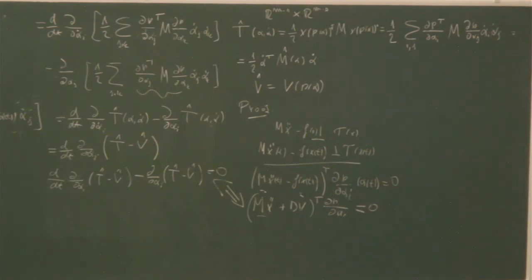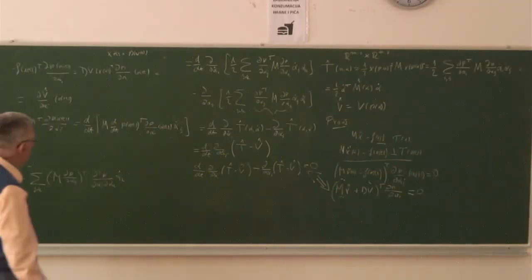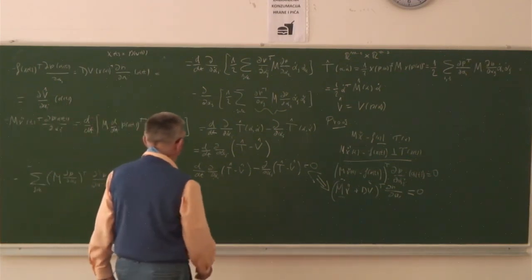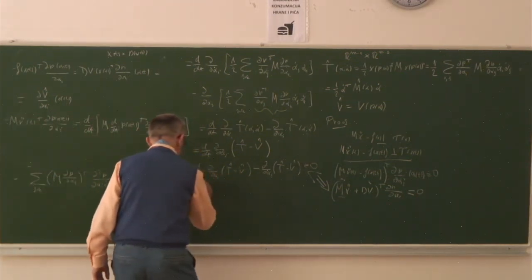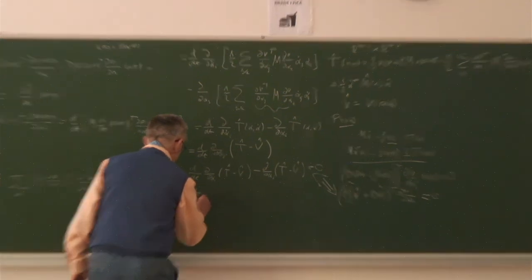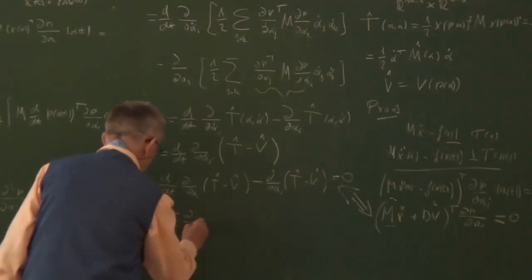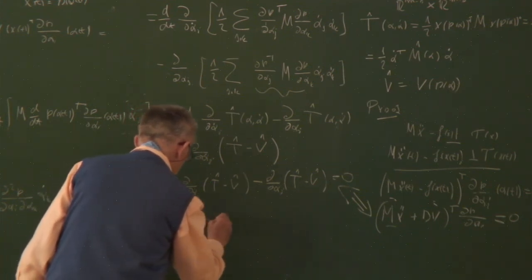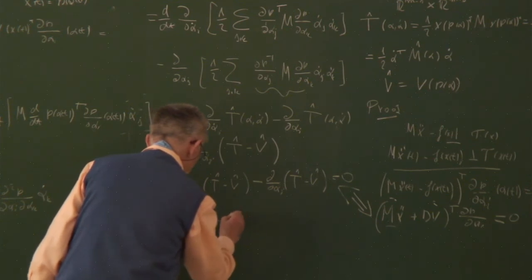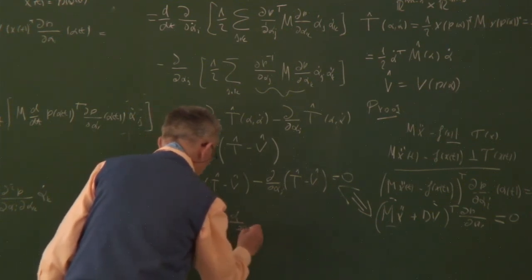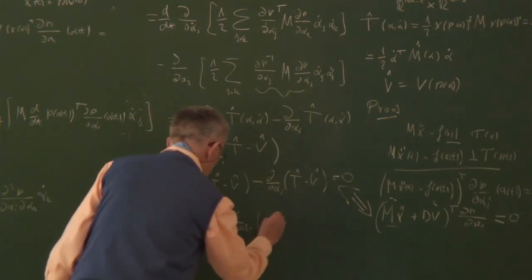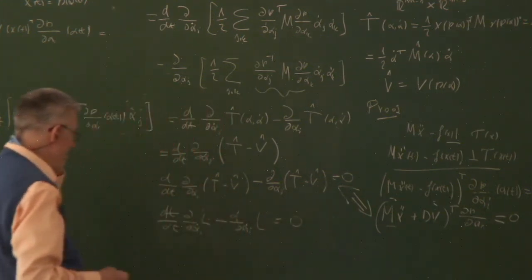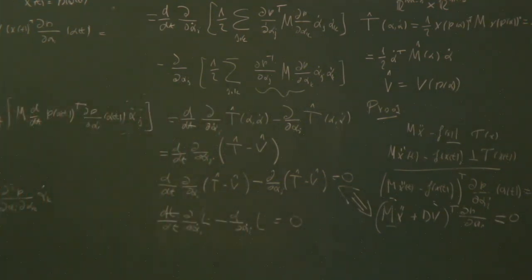Well, we have got, let me write it down once more. These are the celebrated equations by Lagrange: d over dt d over d alpha I dot of L minus d over d alpha I of L equals to 0. Those equations, what are they?